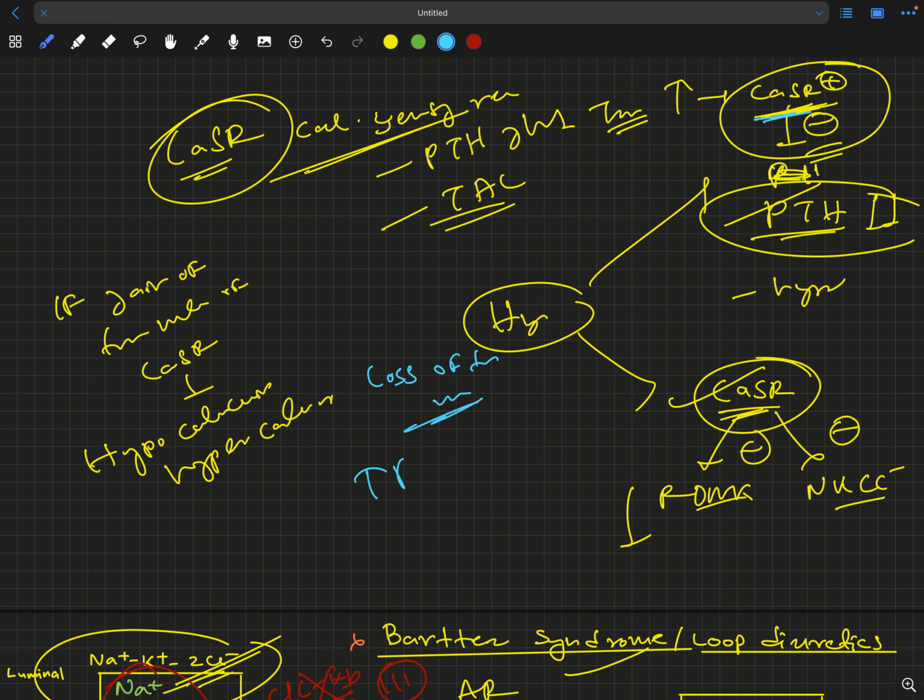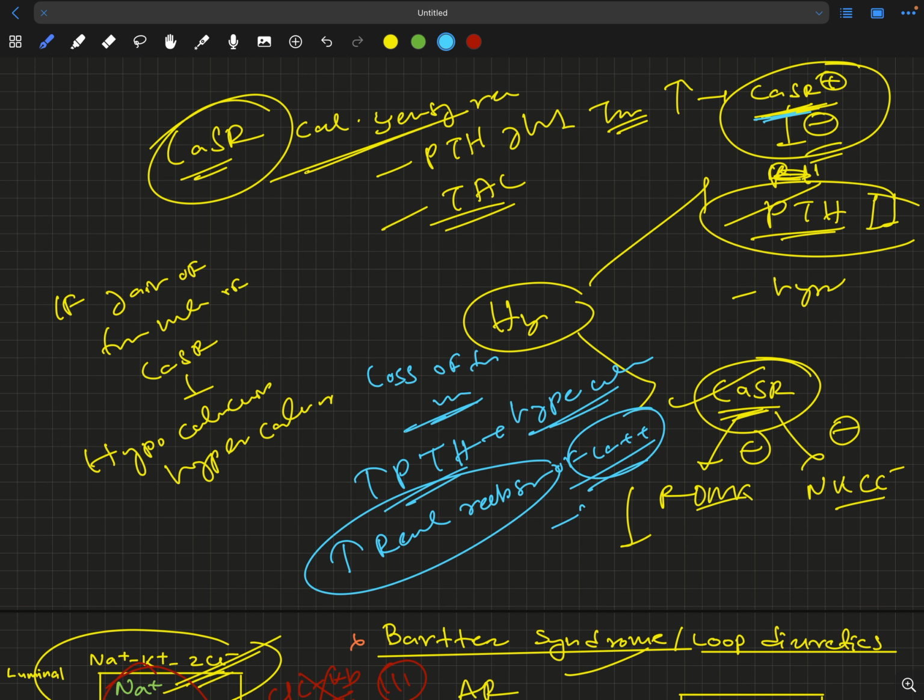If CaSR has lost its function, there will be increased PTH secretion, because there is no one to inhibit PTH, and increased renal reabsorption of calcium. Okay, now there is increased PTH secretion, that will lead to hypercalcemia, and increased renal reabsorption of calcium will also lead to hypercalcemia and hypocalciuria. Now there is more calcium in blood but less calcium in urine.